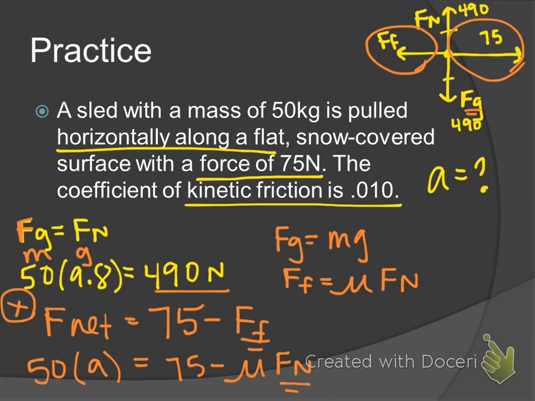Mass times acceleration is F net. Okay. So our frictional force, I think they gave us the coefficient, so I'm going to just erase that and put in my coefficient. And they gave us, or we solved for the normal force already, so I'll go ahead and just plug in those numbers. Sorry, this says 490 right here.